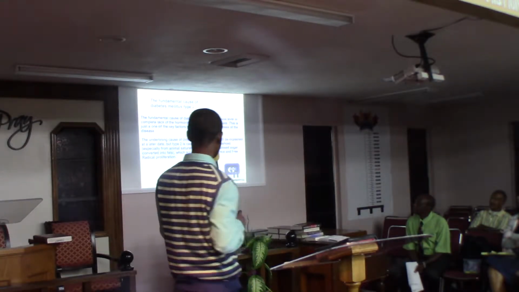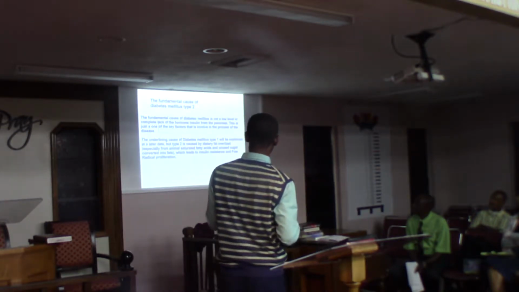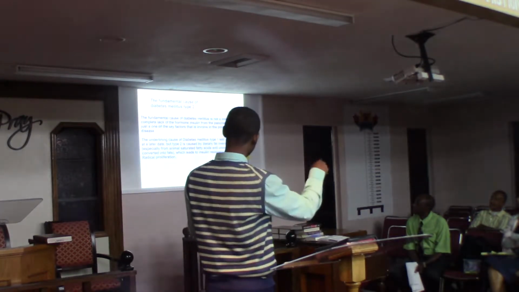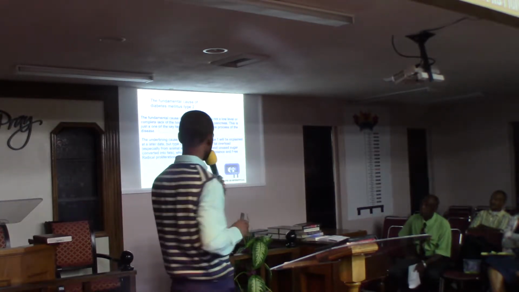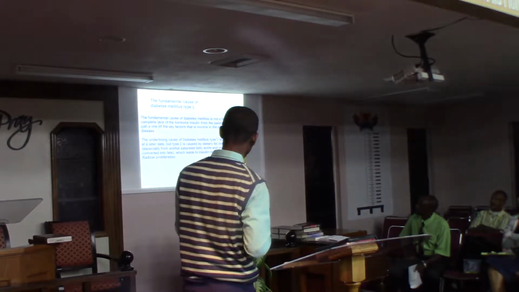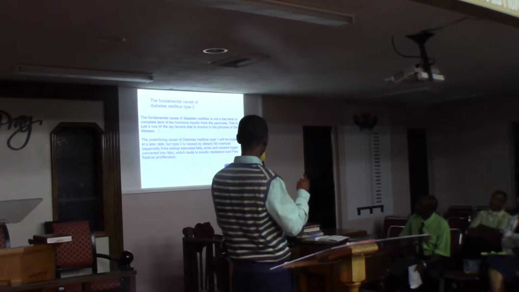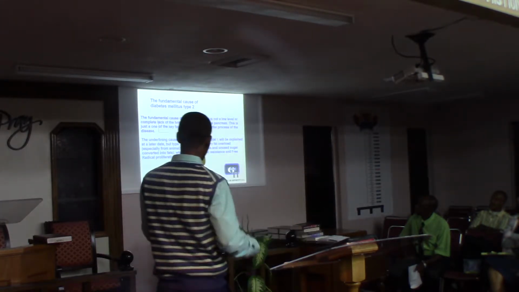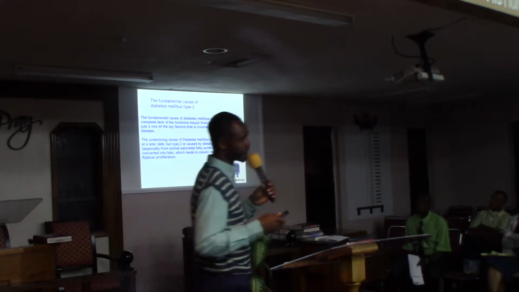The underlying cause of diabetes, type 1 or type 2, type 1 will be explained at a later date in a different presentation because they're caused by two different things. Whereas type 2 diabetes is caused by dietary fat overload, especially from animal saturated fatty acids and unused sugar converted into fats, which leads to insulin resistance and free radical proliferation.